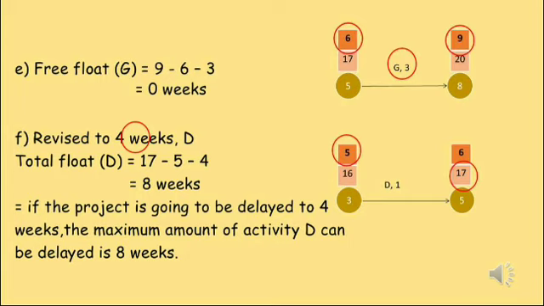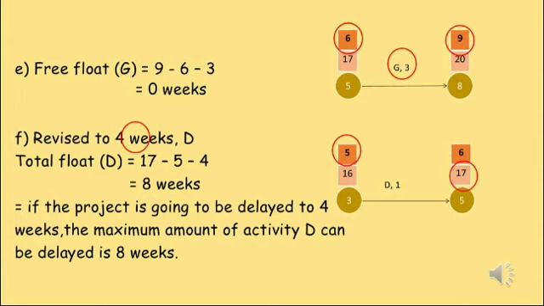So we calculate by taking the latest event time for event number 5, which is 17 weeks, minus the earliest event time for event number 3, which is 5, and minus the new duration for activity D, which is 4. So 17 minus 5 minus 4, and the answer will be 8 weeks.